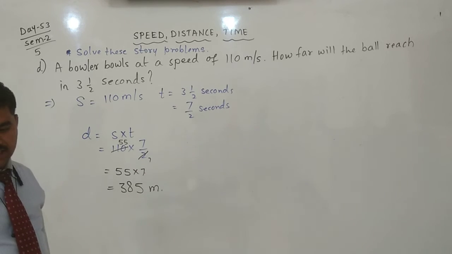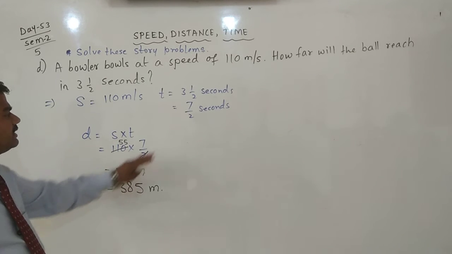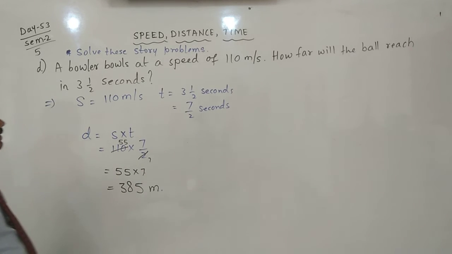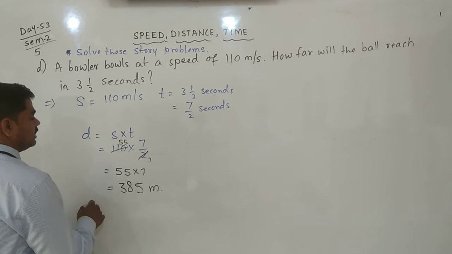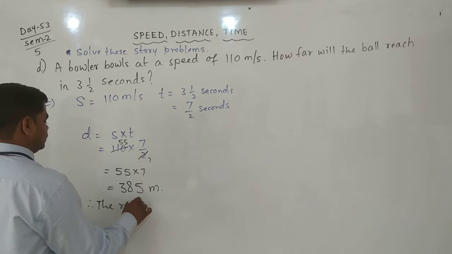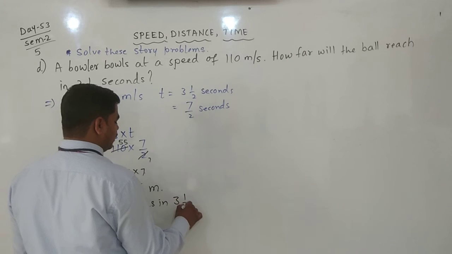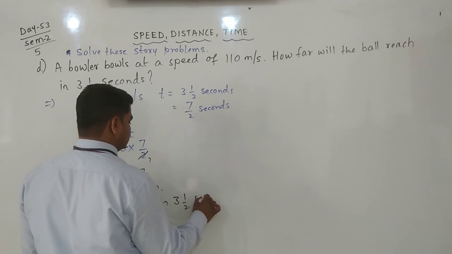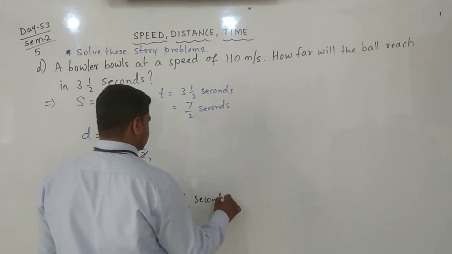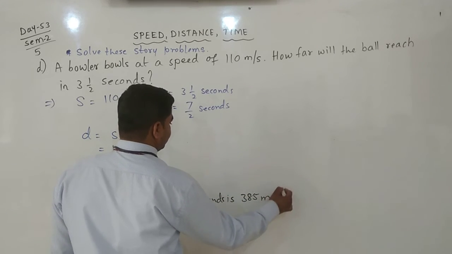Yes, 385 meter. In how many seconds? 3.5 seconds. Yes, you can write: how far will the ball reach in 3.5 seconds? The ball reaches in 3.5 seconds is 385 meters.